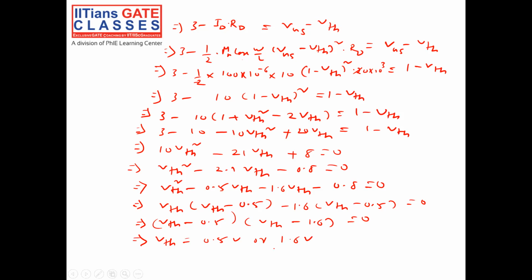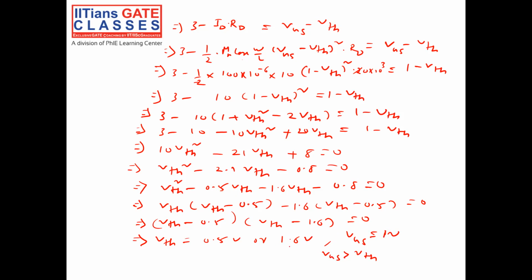Okay, so you see VGS is equal to 1 volt, already 1 volt it is given. So for my transistor to be on, we know VGS should be greater than or equal to VTH, right?